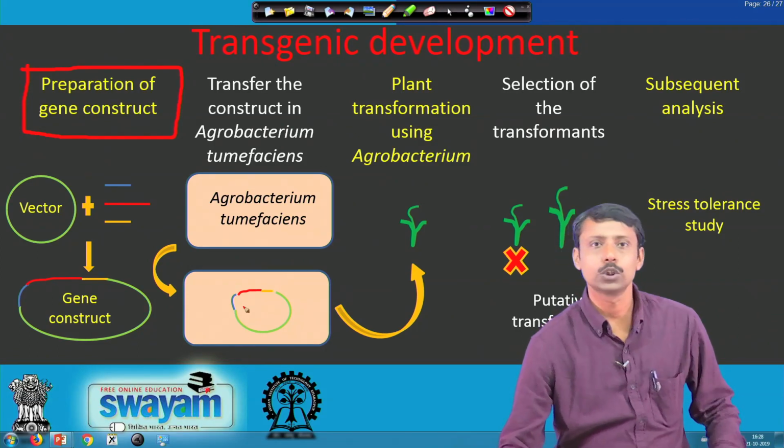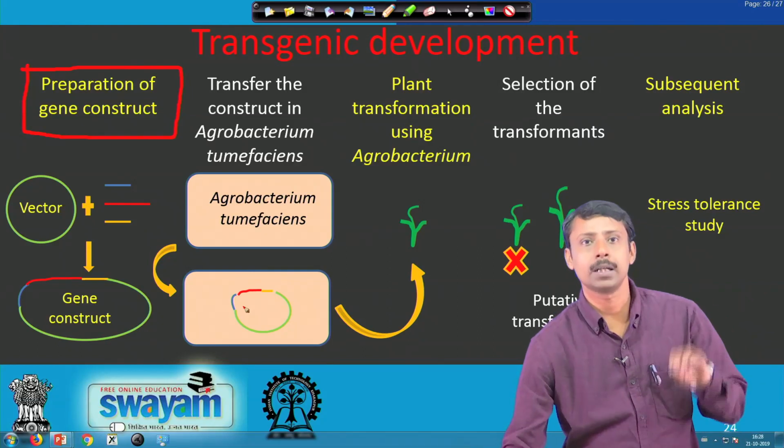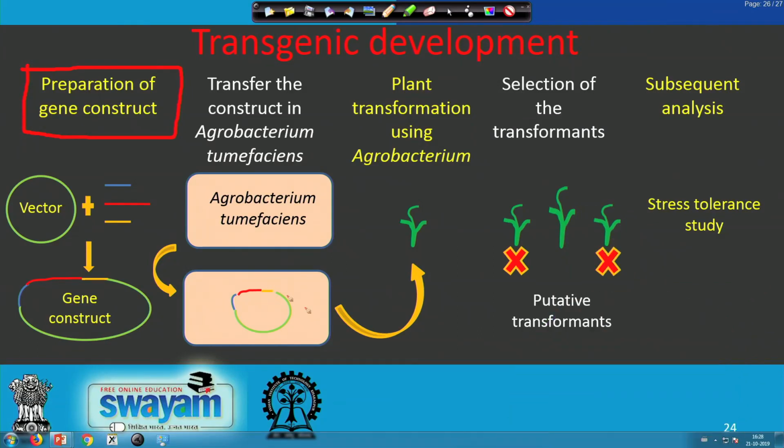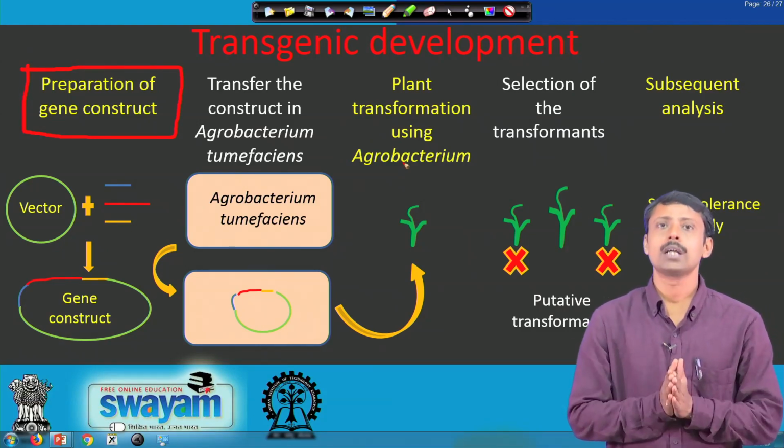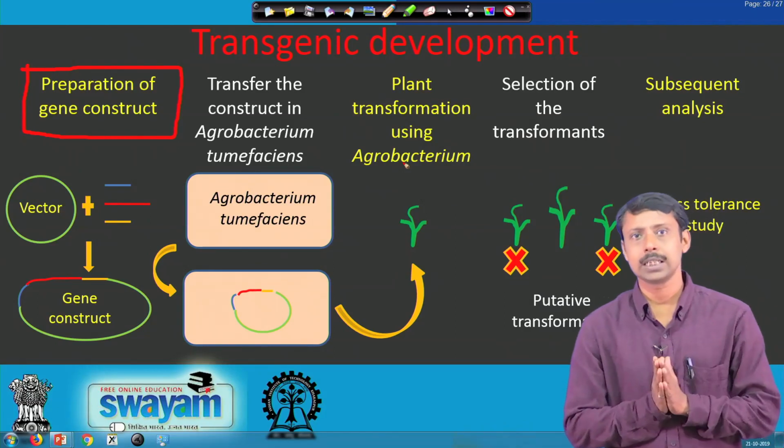that particular Agrobacterium colony where our desirable construct is available. So, once we have our Agrobacterium strain with the desirable construct, we will infect our plant material. In case of rice, the rice calli are used for plant transformation. In case of tobacco, the tobacco leaf disc is used for plant transformation.